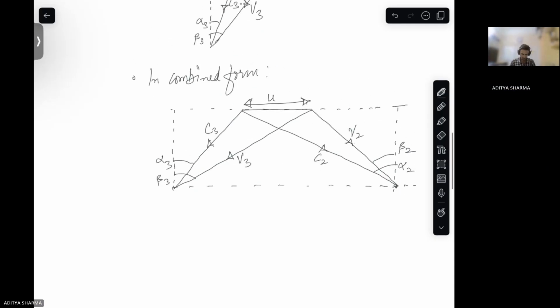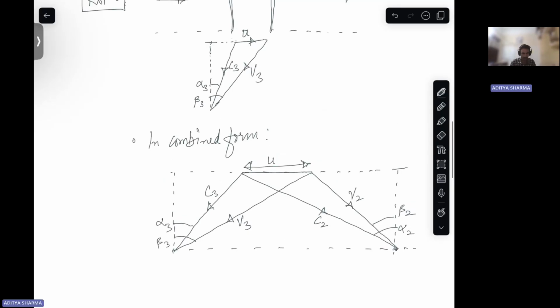So in combined form, we have this. So I was talking about these angles, blade angle and your fluid angle, right? Related to when your fluid exits your rotor, alpha is for your fluid angle and beta is for your blade angle. Okay. So this is about the velocity diagram.